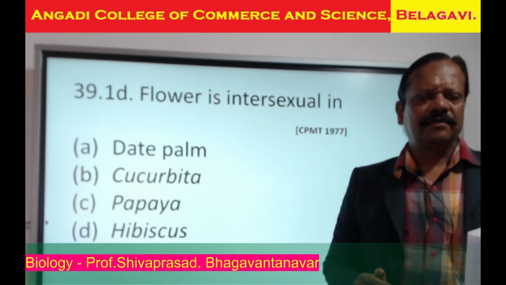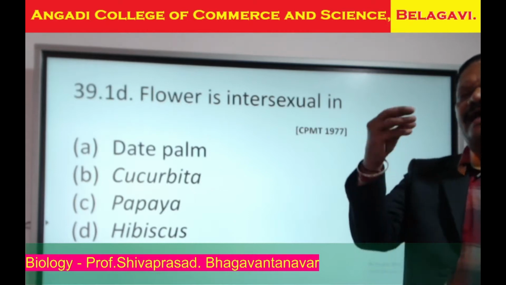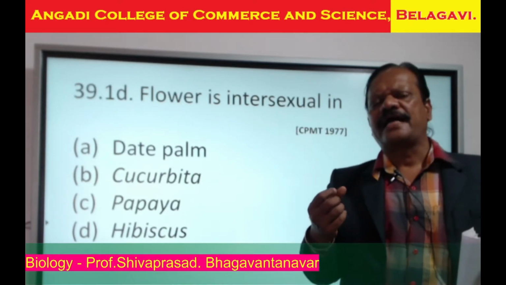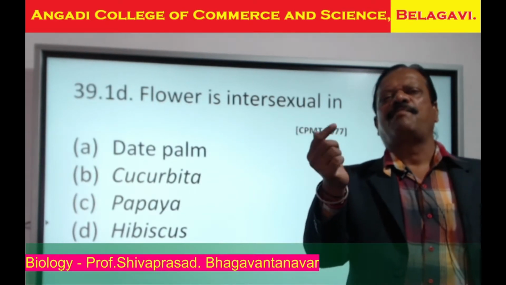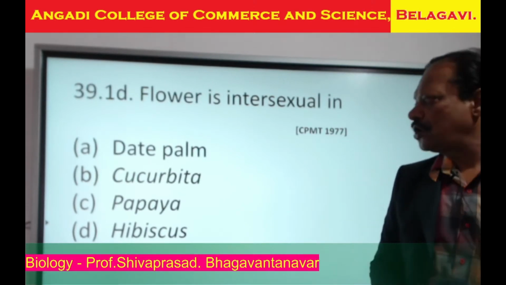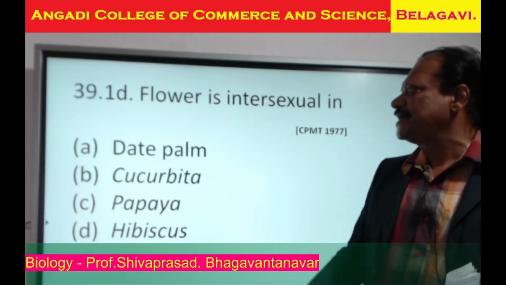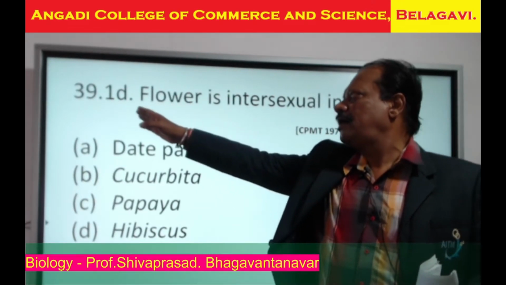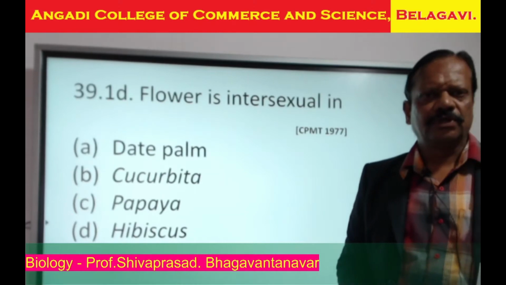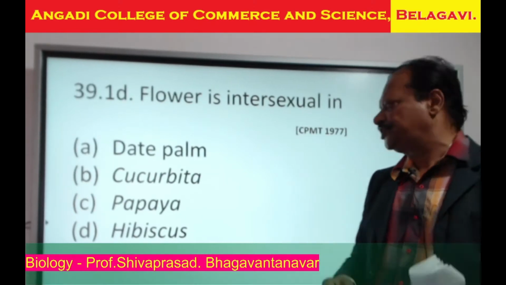There the androecium and gynoecium mature, then the pollen is released and pollination takes place. So here option D is the right answer in the 39th question. So we'll move to the next question.